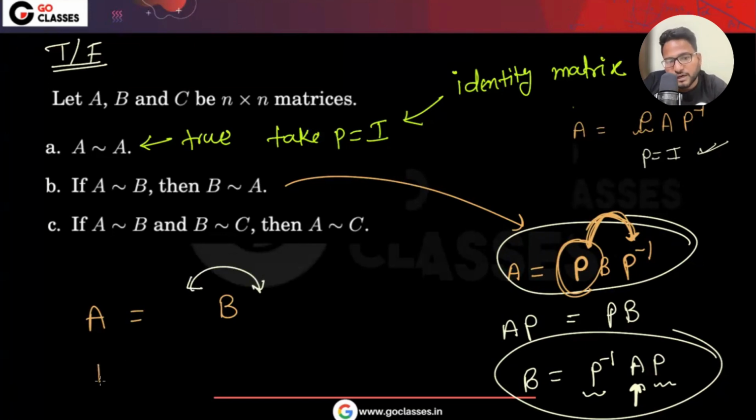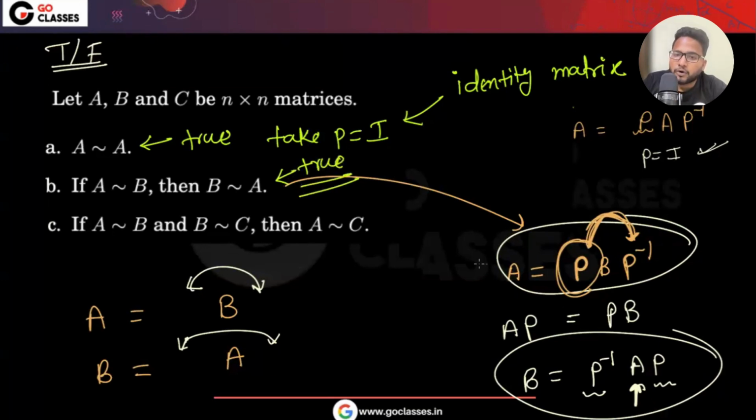Similarly, you can say B is similar to A if you can write something like this. So basically, if A is similar to B, then B is also similar to A. Okay. So this is also true, right? Because if that is the case, then this is the case.